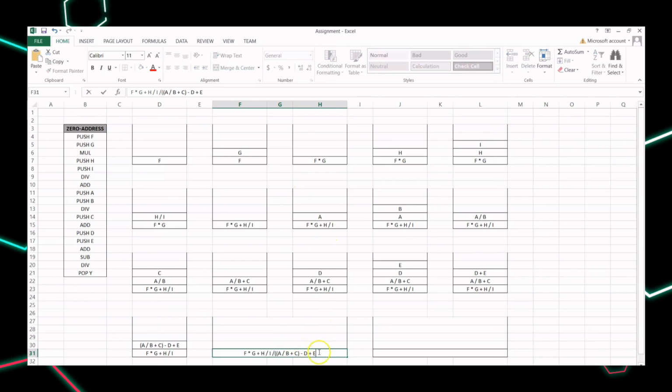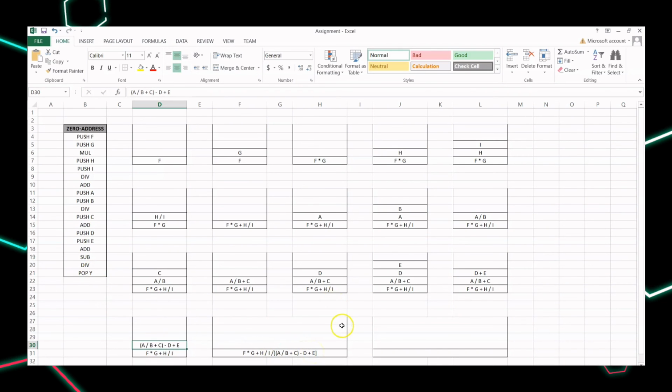I paste it here so that you won't be confused, and I change this bracket. So you can see when it comes to divide, F multiply G plus H divided by I, divide the whole thing. So I put a bracket so you won't be confused.